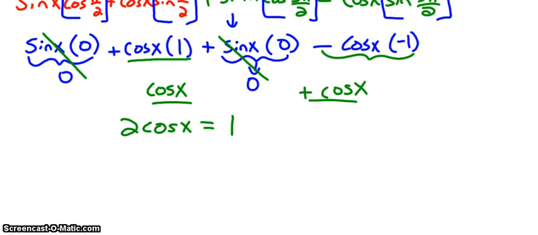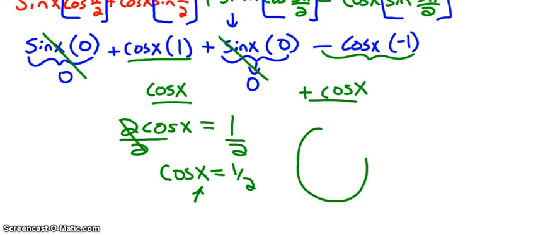So I'll solve the remaining equation. Dividing each side by 2 leaves me with cosine x equals 1/2. Where does the cosine of the angle x equal 1/2? Again, we can think of our circle, and this should happen in quadrant 1 and quadrant 4.